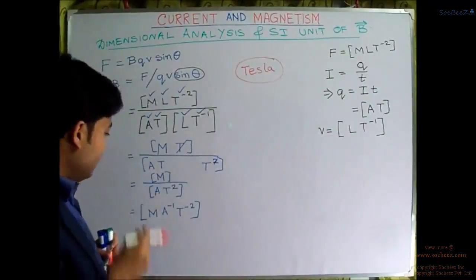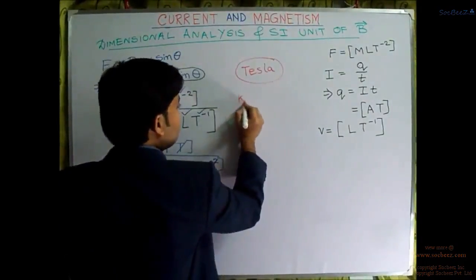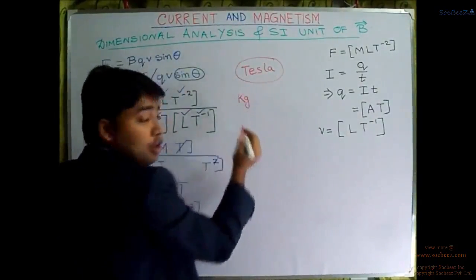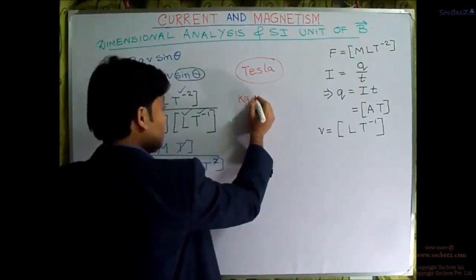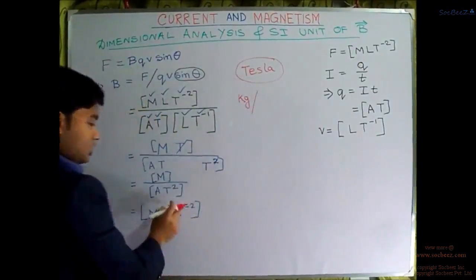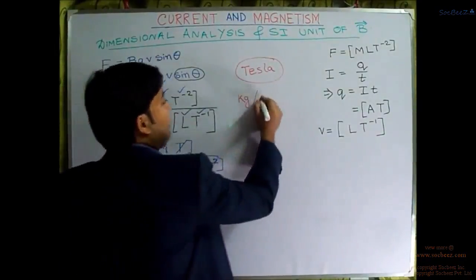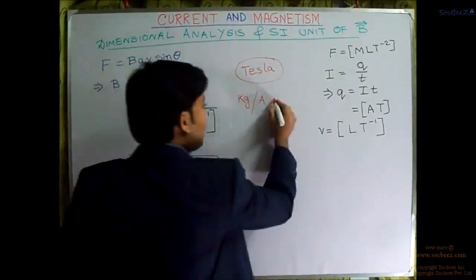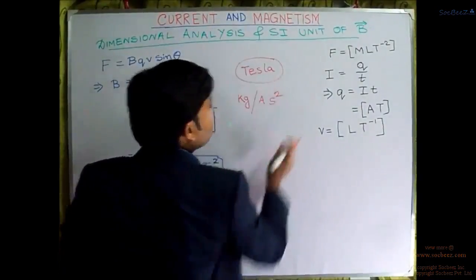Or in SI units we could say it is kg, kilogram, per, because these are on the denominator side, ampere and time, that is second square.